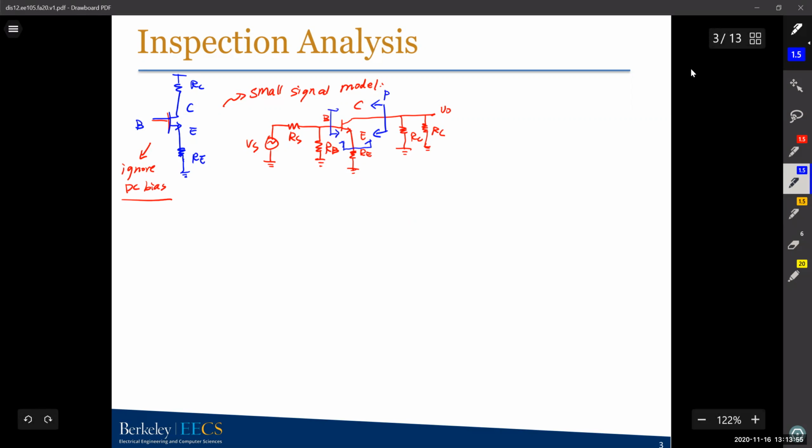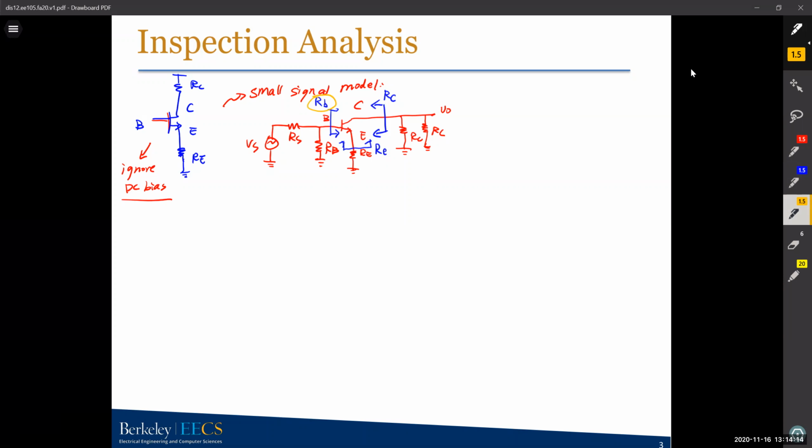This is called R small c. This is called R small e, and this is called R small b. R small b, R small c, R small e refer to the equivalent resistance looking in some directions. The R small b is the equivalent resistance when viewing from the base to the right.